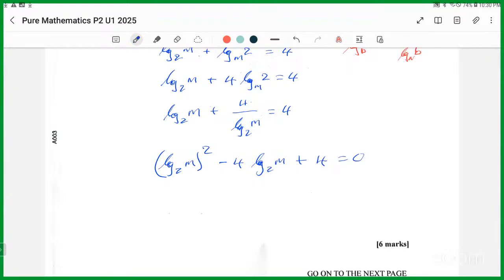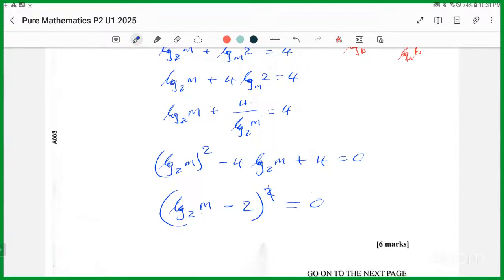So (log to base 2 of m minus 2) squared equals 0. That's a perfect square. To factorize that, it becomes that. So the square becomes irrelevant as the square of both sides is 0.